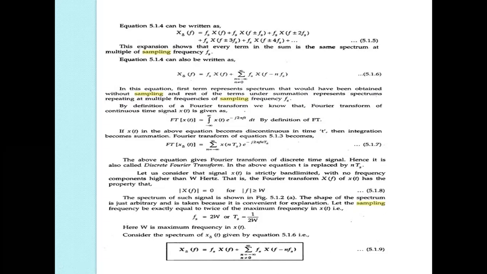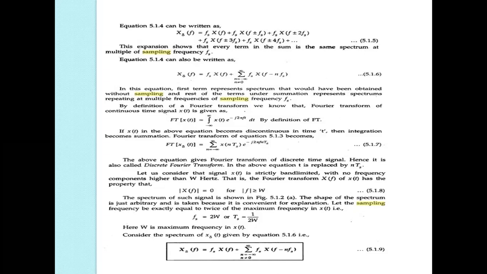If it were not sampled, we would get the first term only, fs times X of f. Okay, my dear friends.